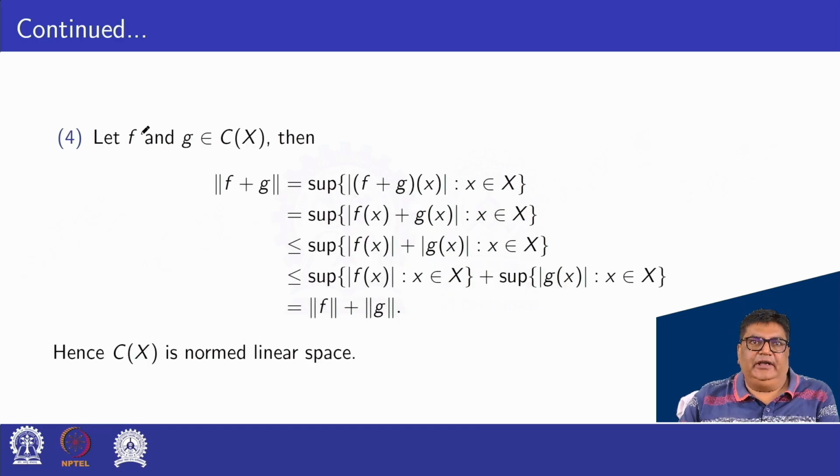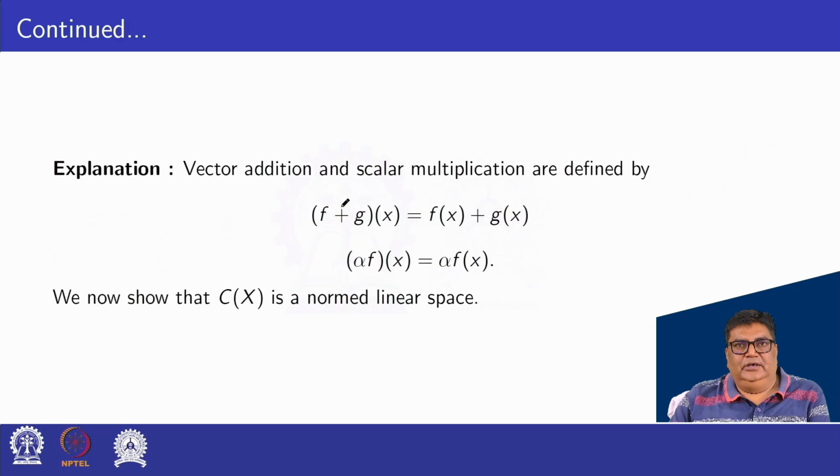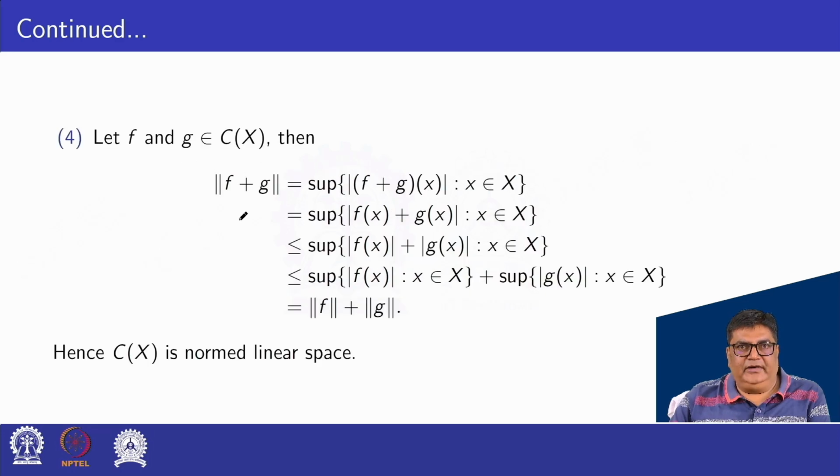Fourth condition: let f and g belong to C(X), then ‖f + g‖ can be defined as the supremum value of |(f + g)(x)| such that x belongs to X. Here (f + g)(x) is defined by f(x) + g(x). We know that |x + y| ≤ |x| + |y|.